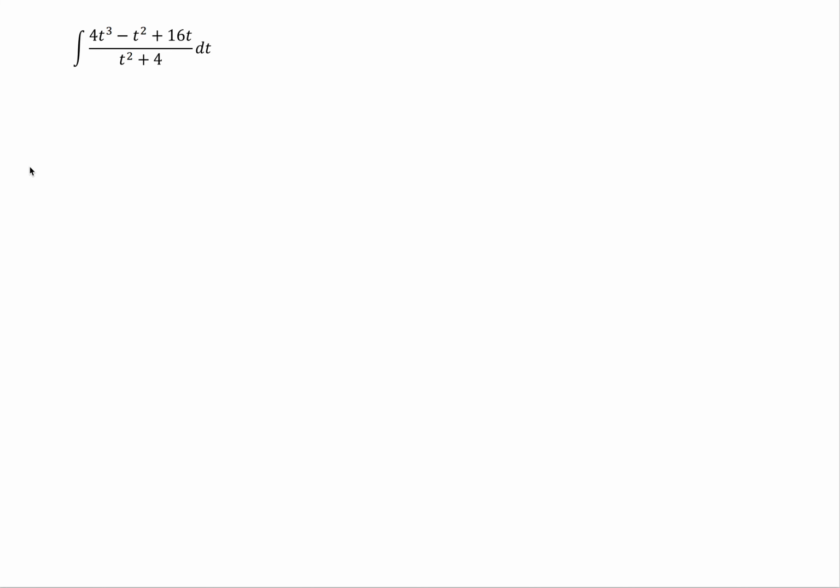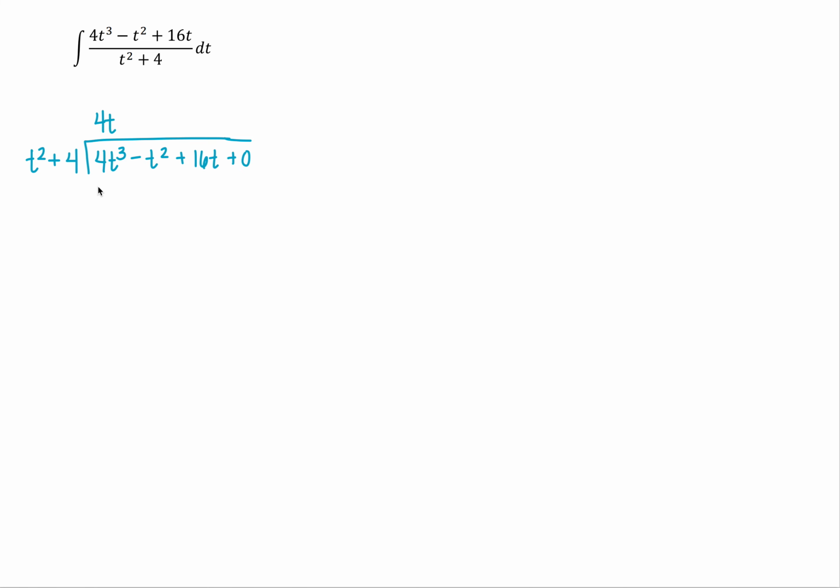I'm going to divide. So I'm going to take that denominator of t squared plus 4 and divide it into our numerator. So when we divide t squared into 4t cubed, I need to multiply by 4t.